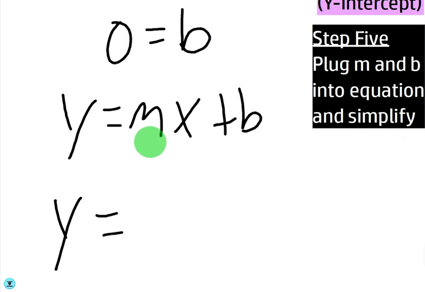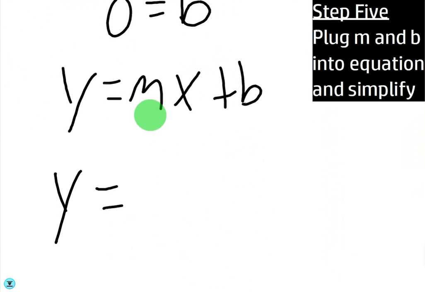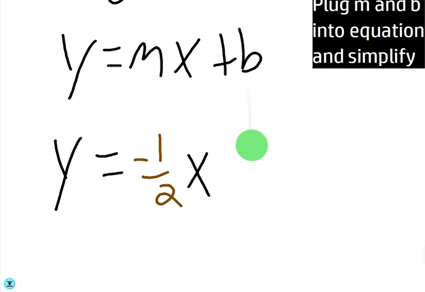So the slope they gave us was negative 1/2. Not going to plug in anything for x, but we just solved for b. We get 0. So for b, we're going to put a 0. But what happens when you add 0 to something? Does it change anything?